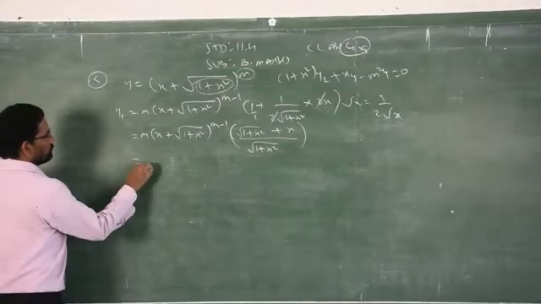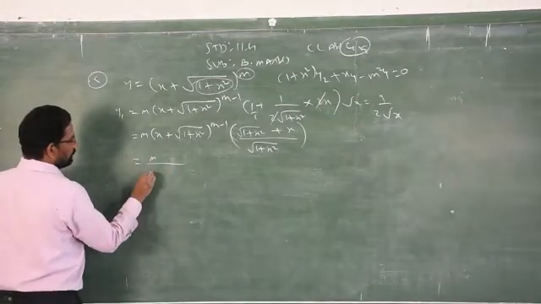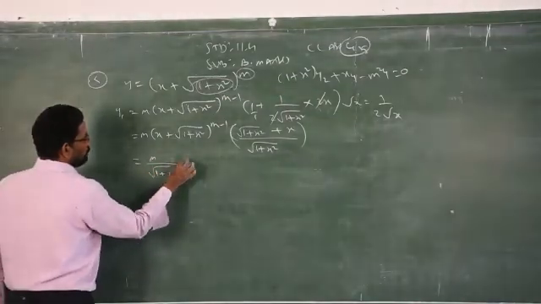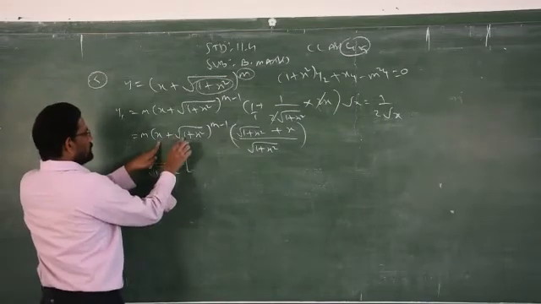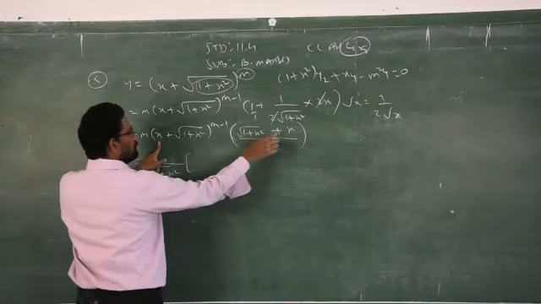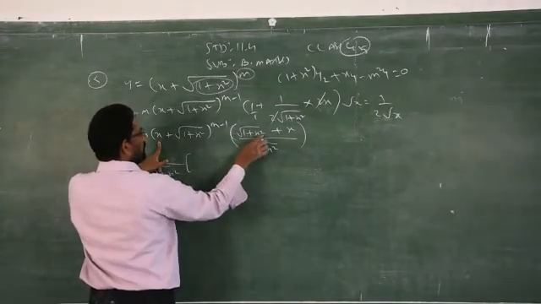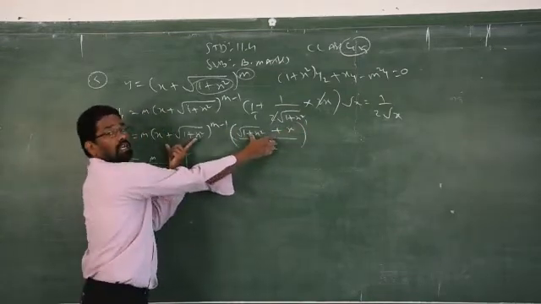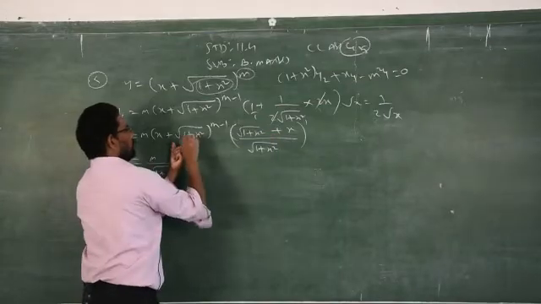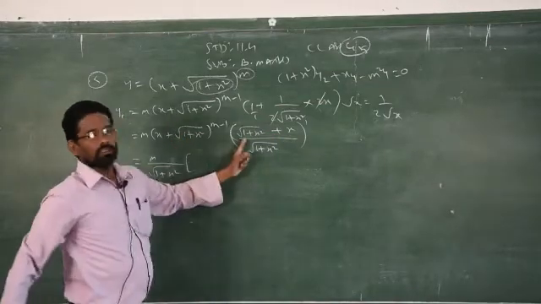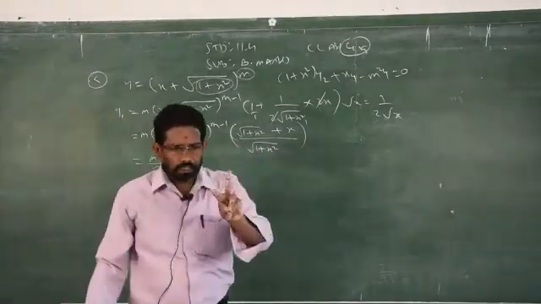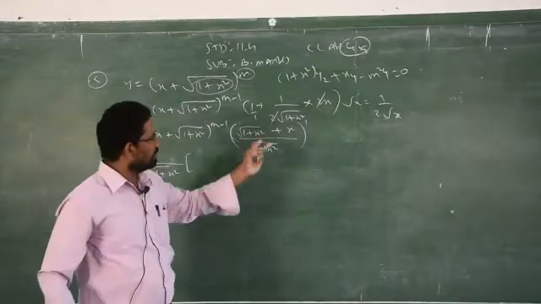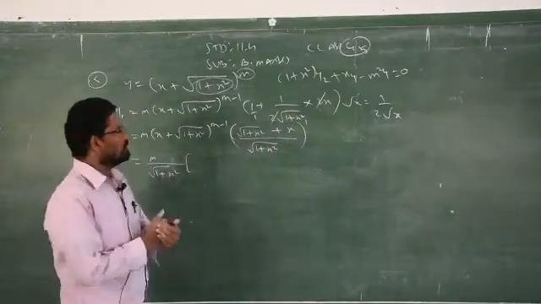So now m by square root of 1 plus x square, you see x plus square root of 1 plus x square, there also x plus square root of 1 plus x square. So when the bases are same, only terms are misplaced, that is interchanged. There is no change in the sign.